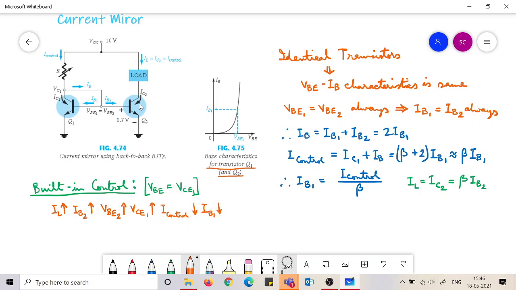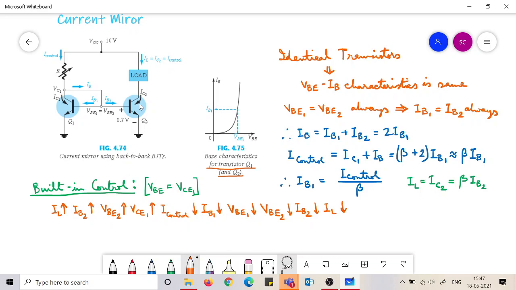IB1 decreasing means VBE1 decreases. VBE1 decreasing means this VBE2, which is same as VBE1, will also decrease, and this will again pull down IB2, which will again pull down IL.